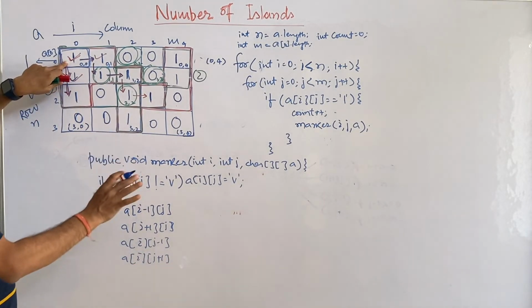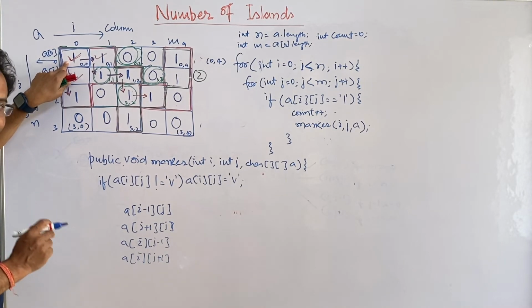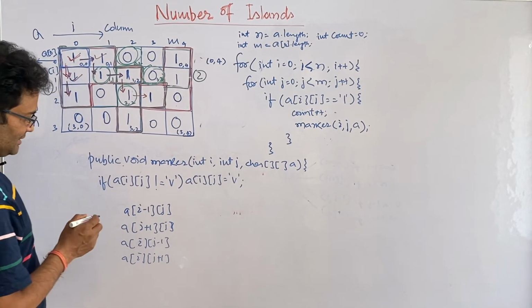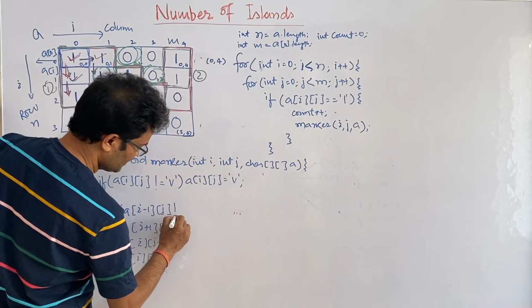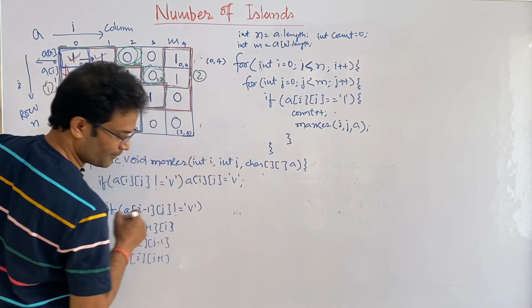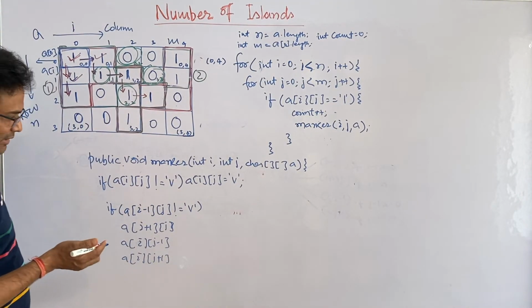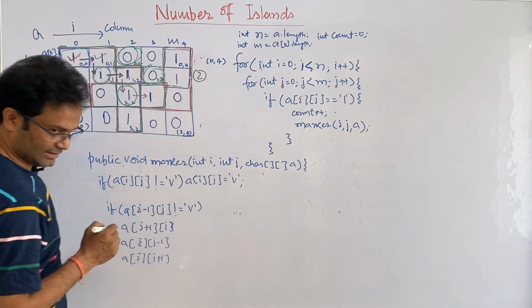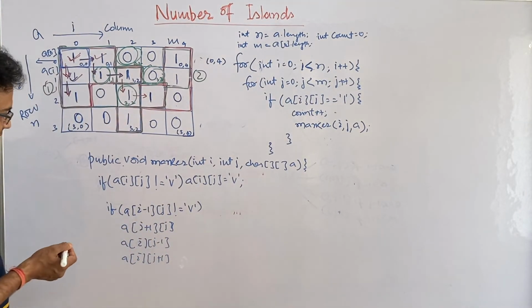So we have to find out the neighbor, but the condition is that this should not be visited already. So you have to put the condition. If this is not v, then you have to make it visited, right? So then you have to make it visited. What if you do the visited?